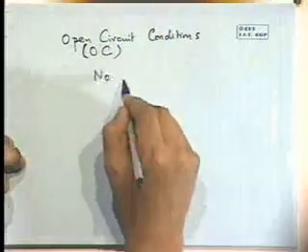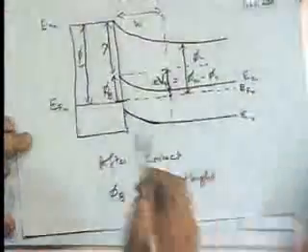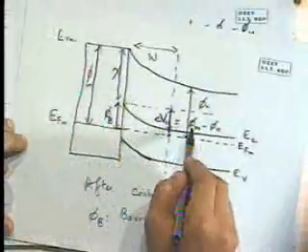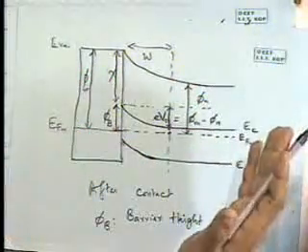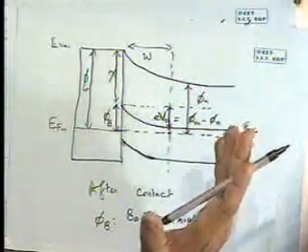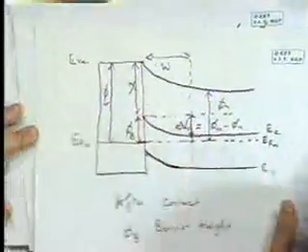With nothing connected to it, it's in equilibrium, so there is no net current. And yet, because of energy, some electrons are going to cross this barrier and come this side, and some are going to cross and come this side. But because it's in equilibrium and there is no net current, what that implies is that the numbers crossing from here are equal to the numbers crossing from here, right?